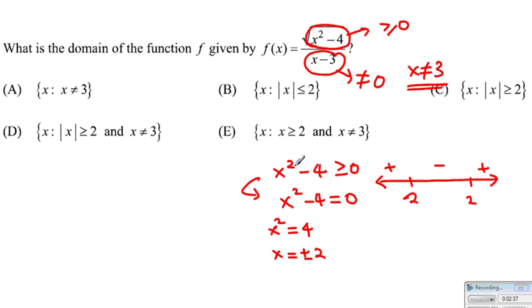And we are looking for positive sections, so we are looking for this way. Meaning, absolute value of x has to be greater than or equal to 2, except x cannot be equal to 3. So what we are looking for is choice D.